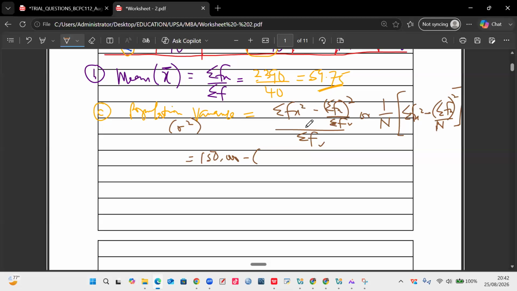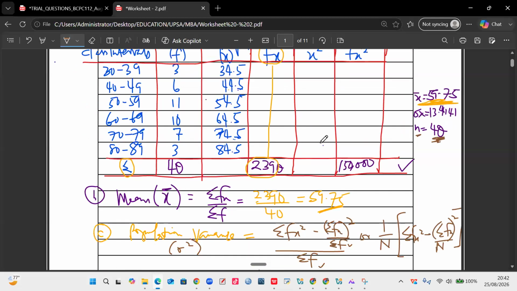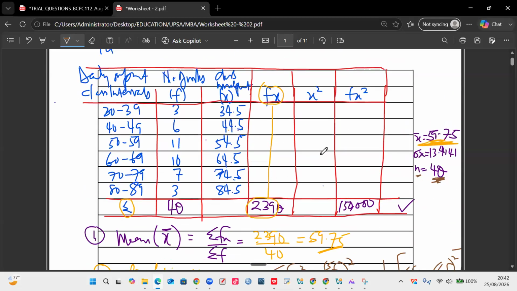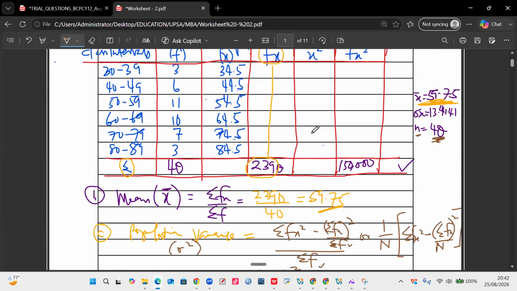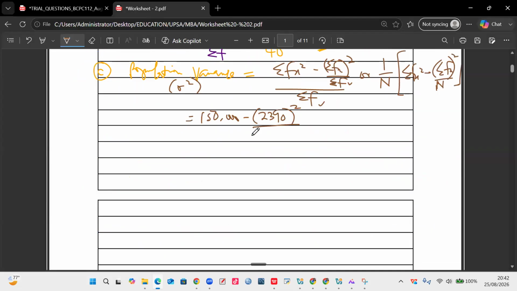What's the value for sigma fx? 2,390. So put it in a bracket, 2,390. Close the bracket, introduce the squared. Then divide the 2,390 squared by sigma f. What is the sigma f? 40. And don't forget the sigma f is the same as n. Then you divide all by sigma f, 40.